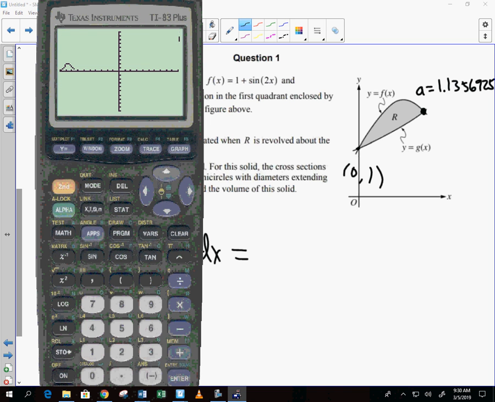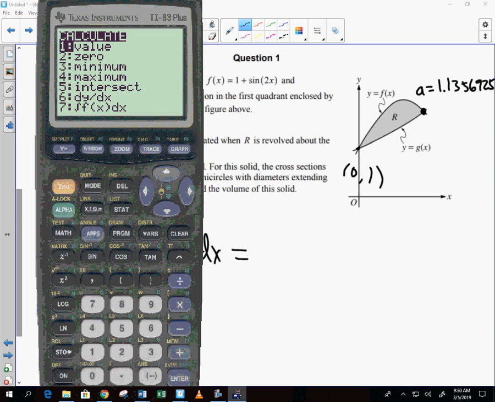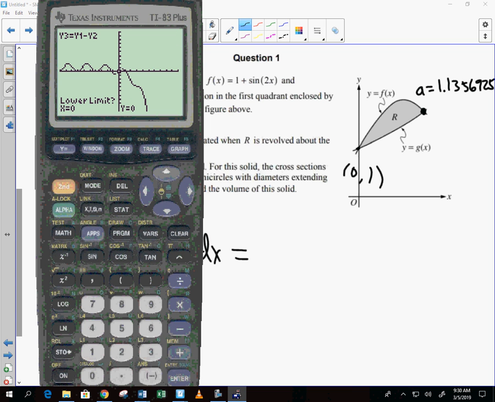So I'll go to normal viewing window. So apparently that's what it looks like. Super cool. And I'm going to calculate number 7. What's my lower limit? What's my upper limit? .429.